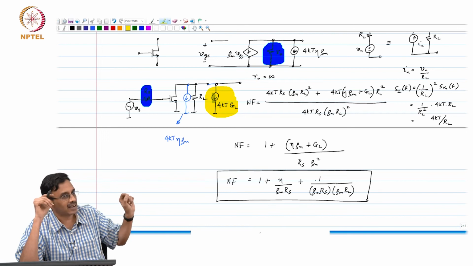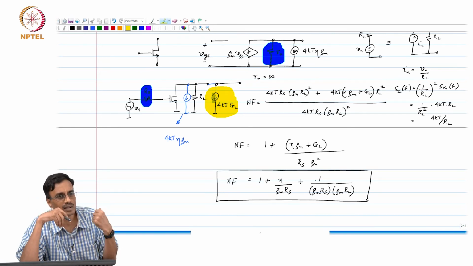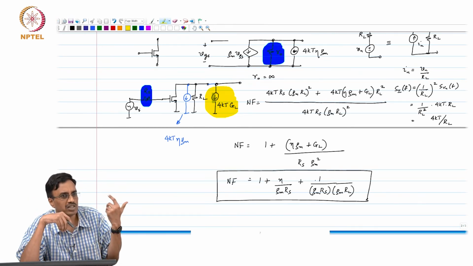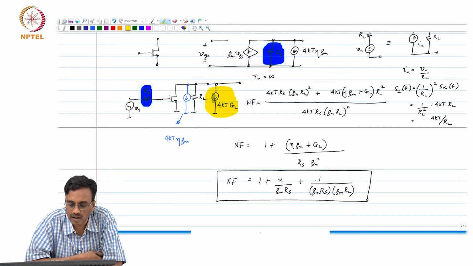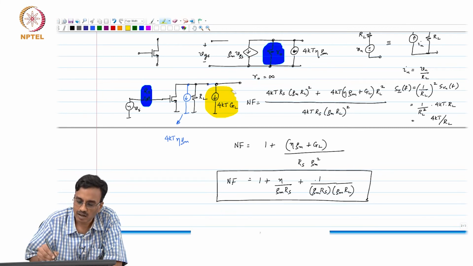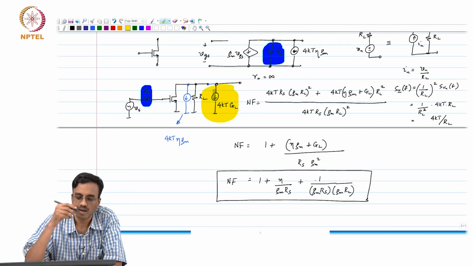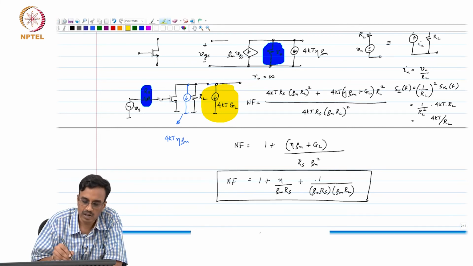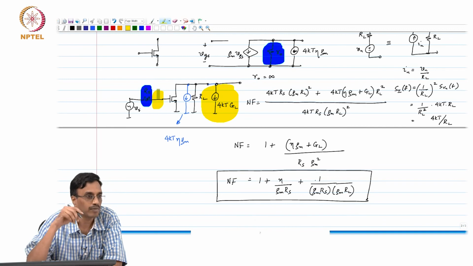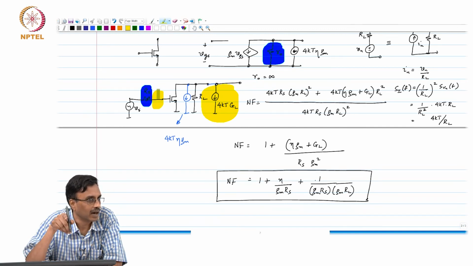Whatever disturbance there is in the drain current has to be divided down by Gm, right. And so, if you are looking at the output voltage, this current will have a gain of only RL, whereas a voltage here will have an effect of Gm times RL.